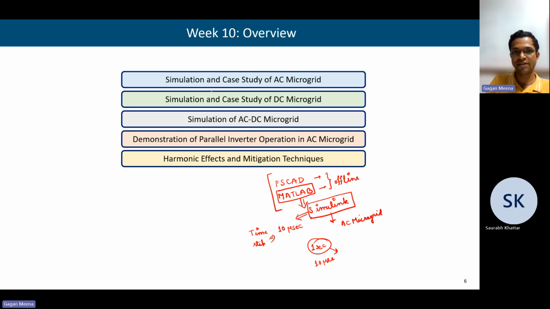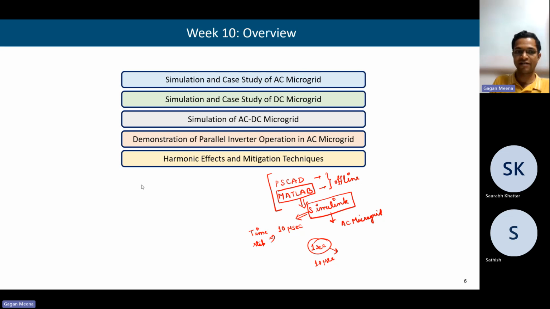But in online simulation platforms, we have online simulators like the real-time digital simulator, RTDS. We have OpenRT. We have Hyperloop. These are more used for power electronics, and RTDS is specially designed for power systems.